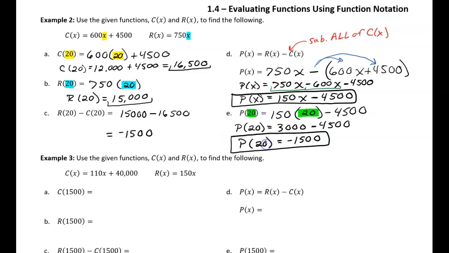There's our last answer. Which, by the way, you may or may not have noticed, is the same answer from part C. So I wonder if they're related.